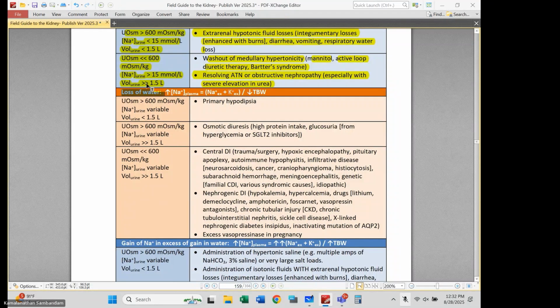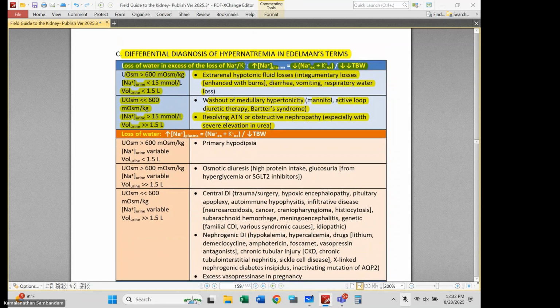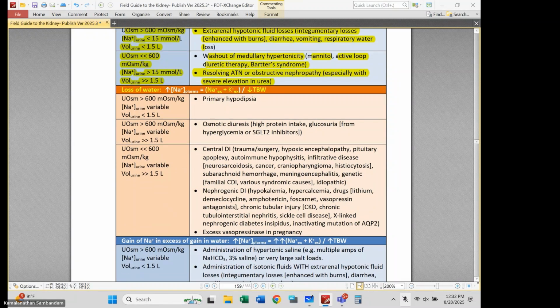Let's then move on to those patients who are simply, for the most part, losing denominator. That's loss of water without a deficit of salt. So what do those scenarios look like with respect to urine electrolytes? Let's look at the first one. Again, I'm biased by the urine electrolytes.